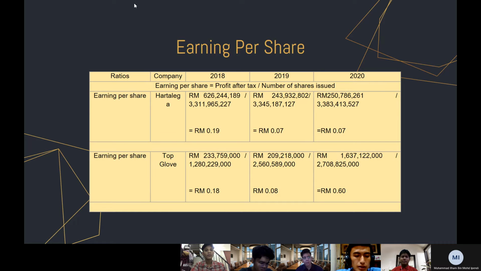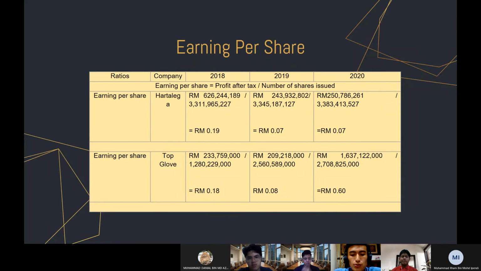The earning per share for Hartalega for the year 2018 is 0.19, which is great.